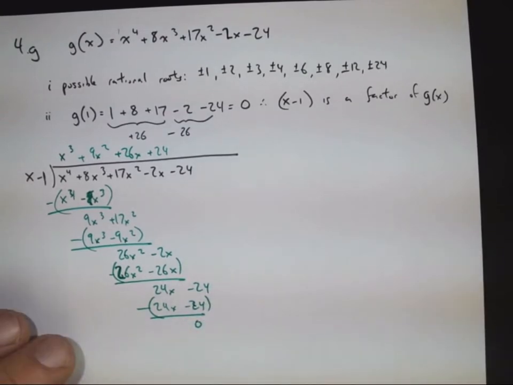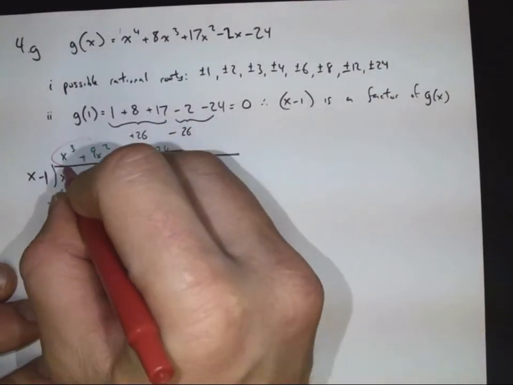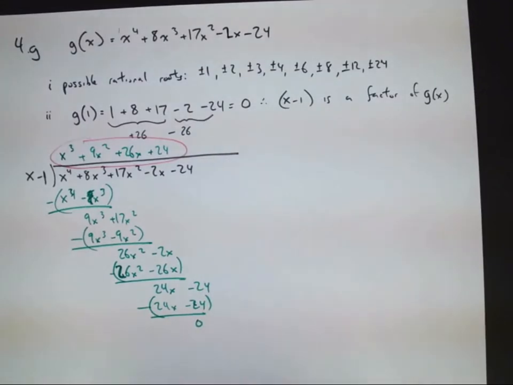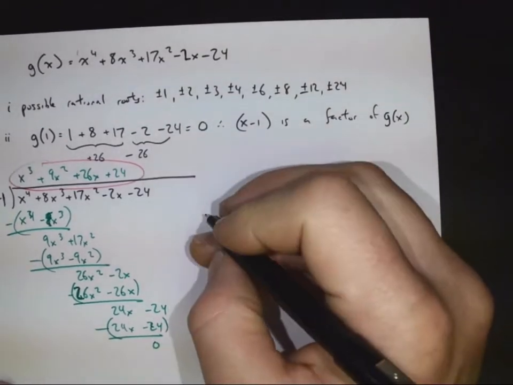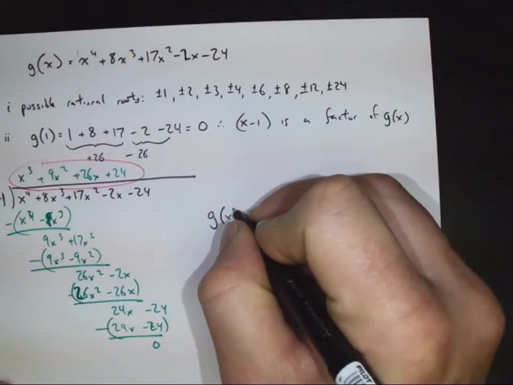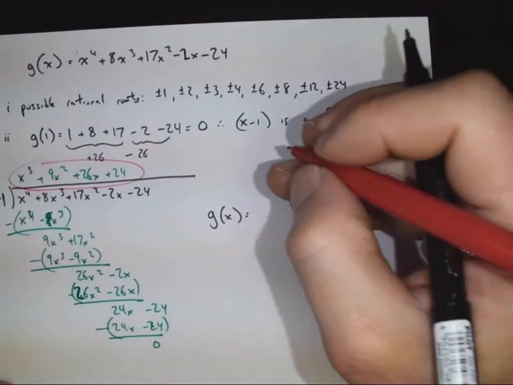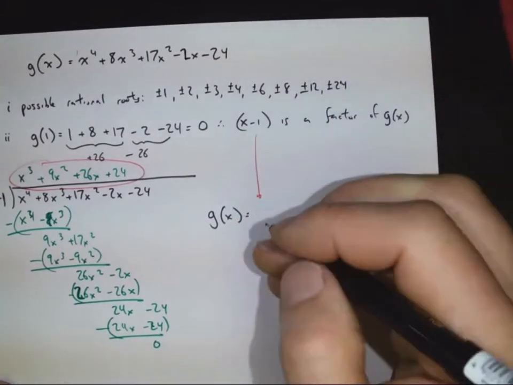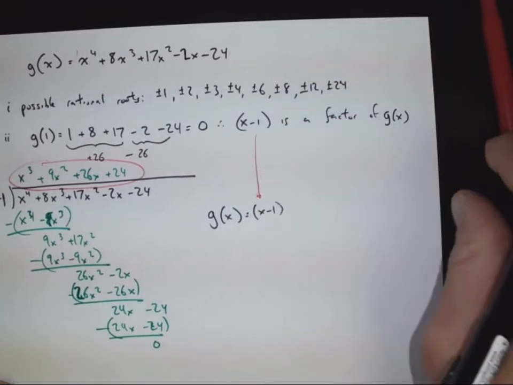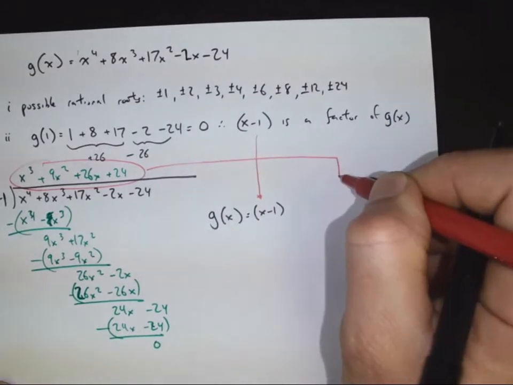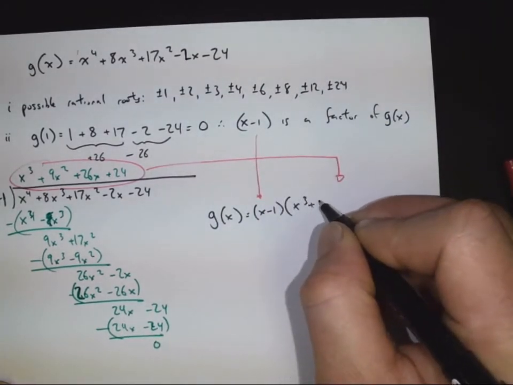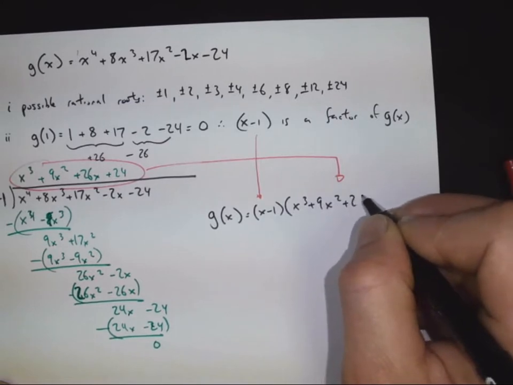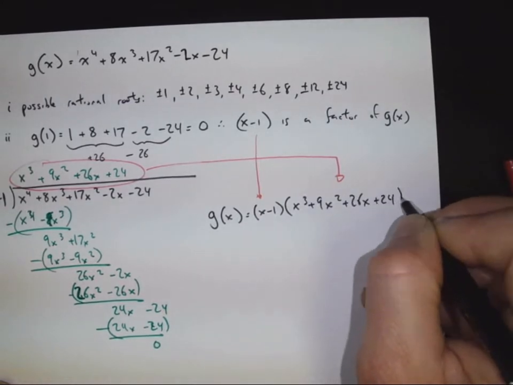Okay. So the purpose of that, of course, was to find this quotient here, because that quotient now finds its way into our g of x expression. We take our factor x minus 1, and this guy becomes the second part of this expression, 9x squared plus 26x plus 24.